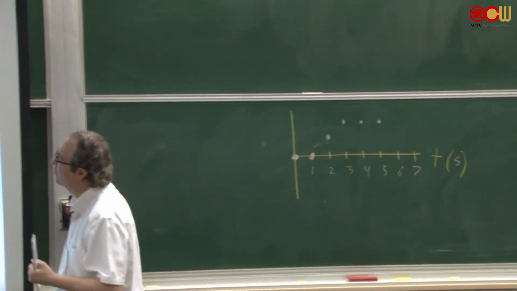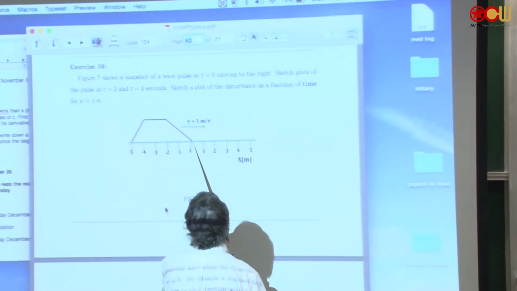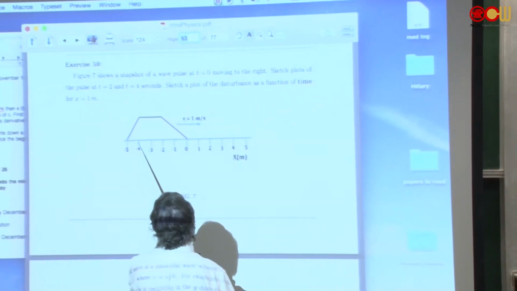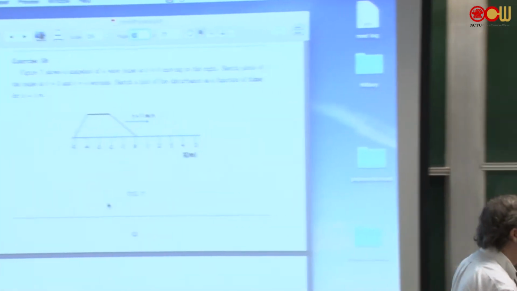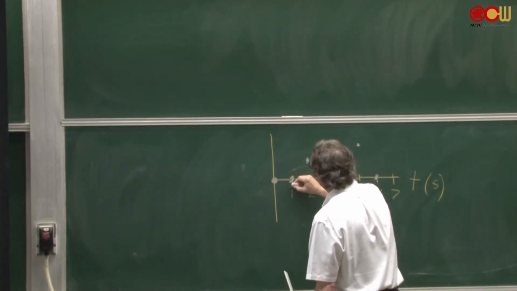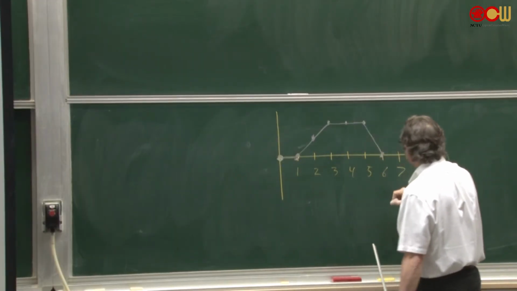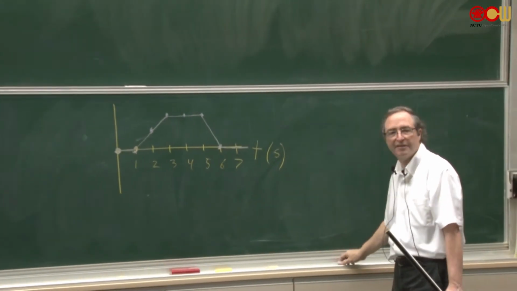And then at t equals 6, so 1, 2, 3, 4, 5, 6, it's that point. It's down to 0. So it's going to look like this. And if we draw it, go like this, and then afterwards, it's 0. So that's what it is.